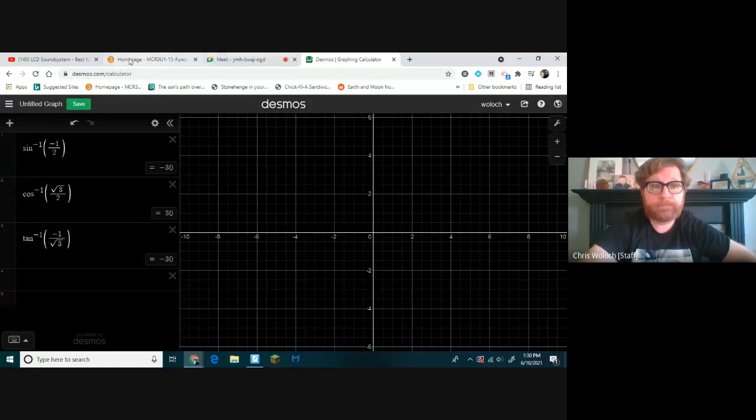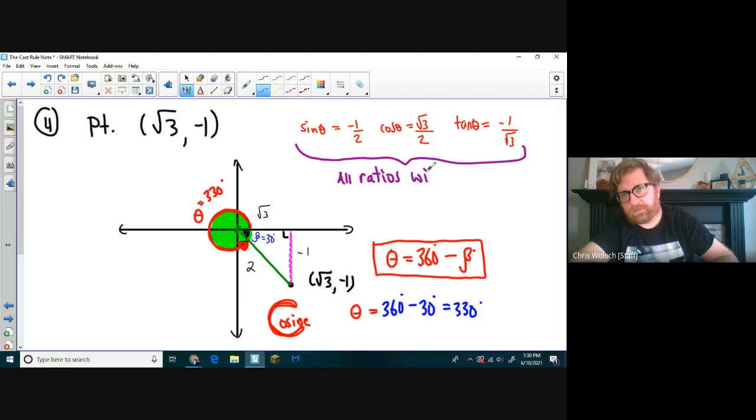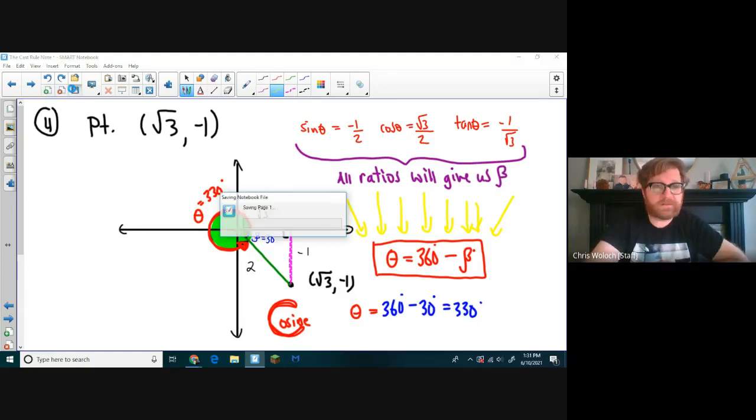So in this quadrant here, we can just say that all the ratios will give us beta. Okay, so what we've got to do is just make sure we remember this. And again, it just comes from the picture. All right.